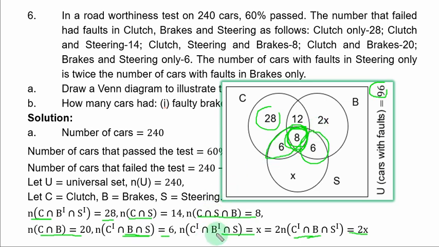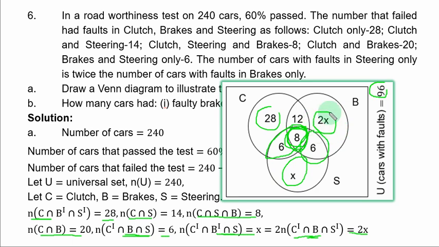It follows that cars with faults in steering only, without crash and brakes, the number is S, and this number is twice those that had faults in brakes only, that is 2S. So this place becomes 2S.